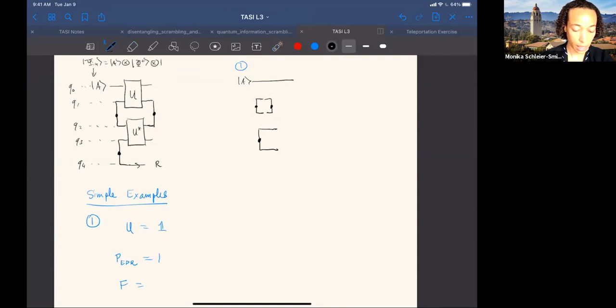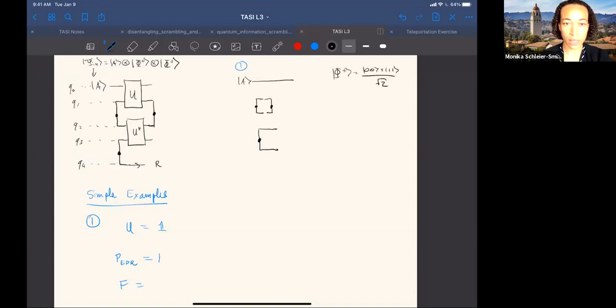There's also another common name for this EPR state. I'm just dealing with qubits, so it's 0, 0 plus 1, 1 over √2. Okay, so that was our input state.